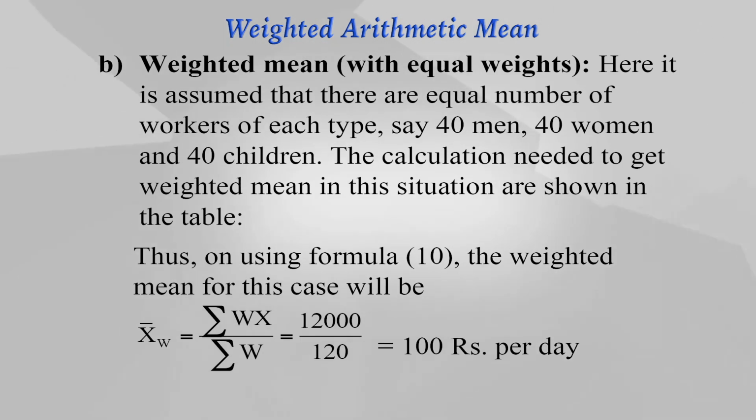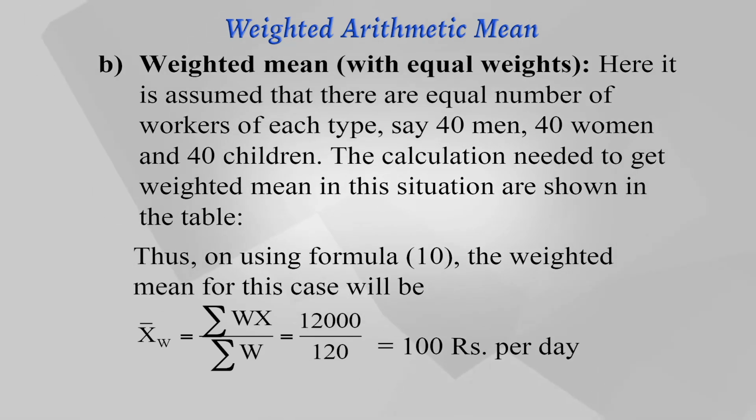Now, the second case, the weighted mean with equal weights. Here it is assumed that there is an equal number of workers of each type, say 40 men, 40 women and 40 children. To get the weighted mean, we multiply the wages 120, 100 and 80 rupees with the number of workers, that is 40, 40 and 40.